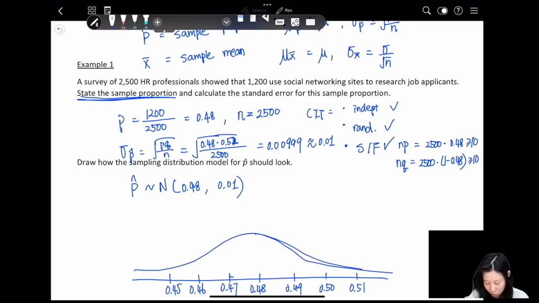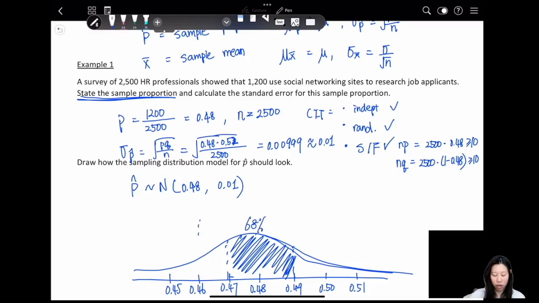It follows the normal distribution, and we know that within one standard deviation is 68% of the area by the empirical rule. And then within here would be what?